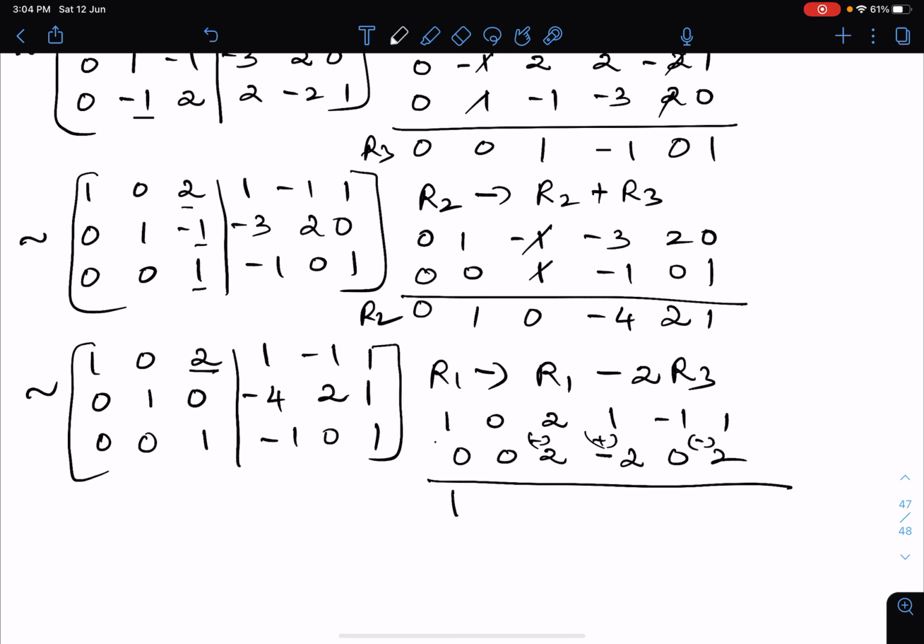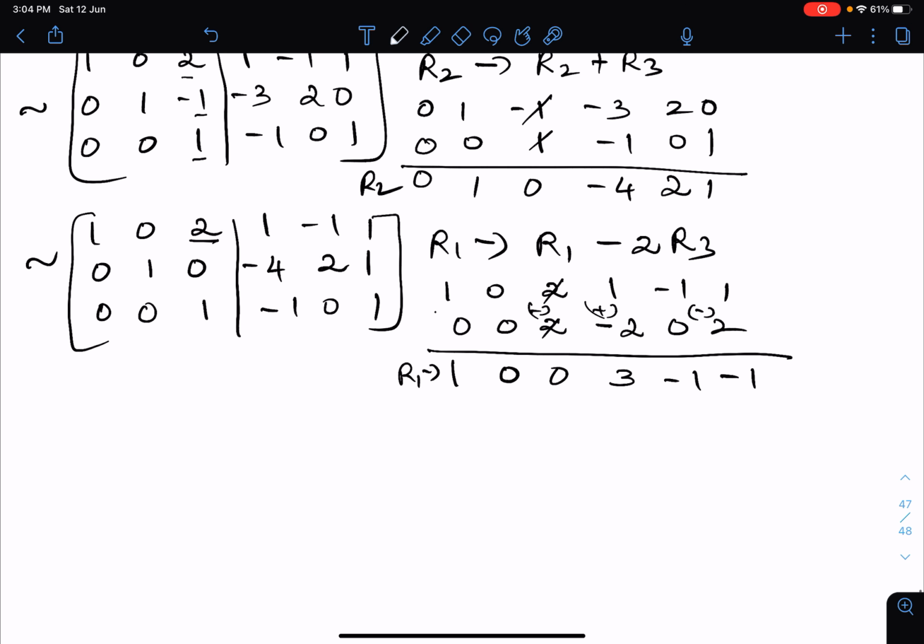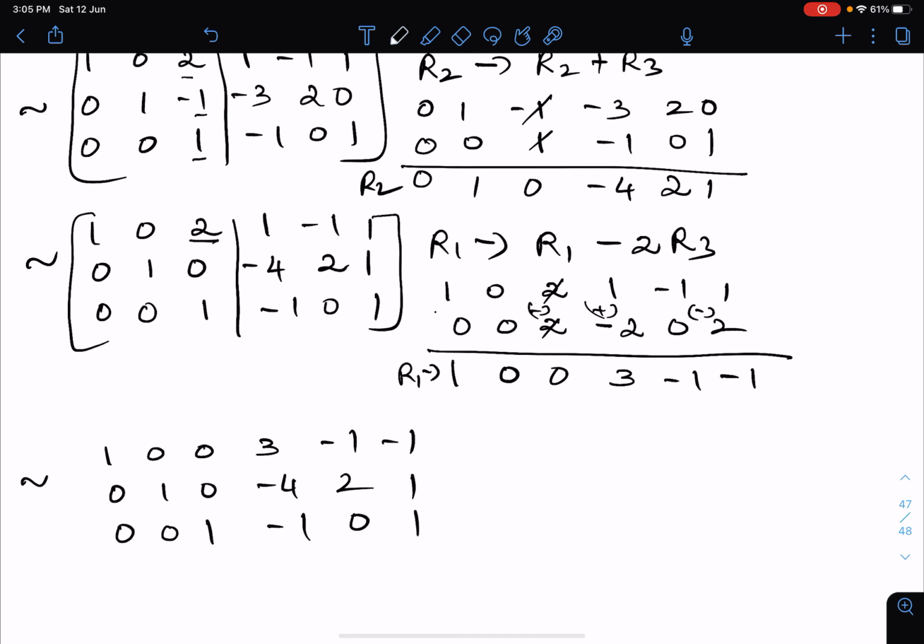So this is going to be 1, 0, again 0, this is going to be 3, and this is going to be minus 1, and this is going to be minus 1. This is our R1. Okay. So now our equivalent matrix, 1, 0, 0, 3, minus 1, minus 1. Second one, 0, 1, 0, minus 4, 2, 1. Third one, 0, 0, 1, minus 1, 0, 1.